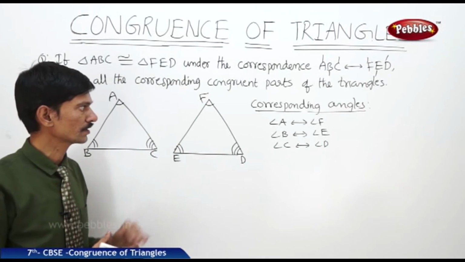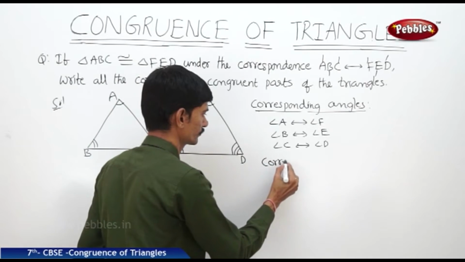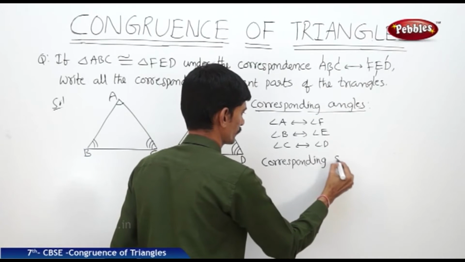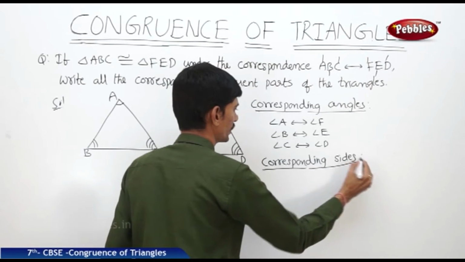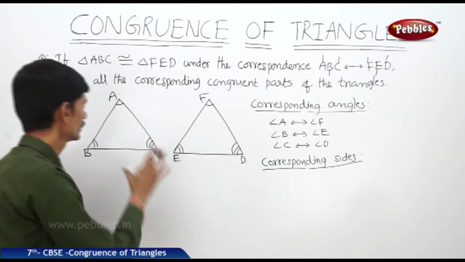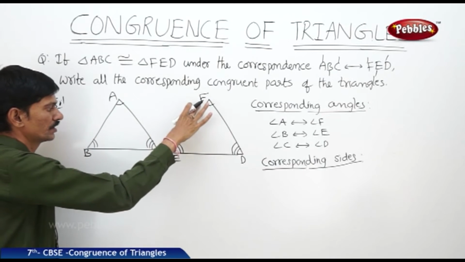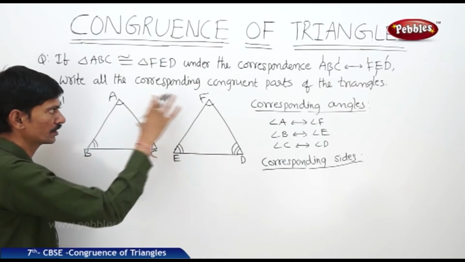Now we will write the corresponding congruent sides. AB corresponds to FE, or AB is congruent to FE.